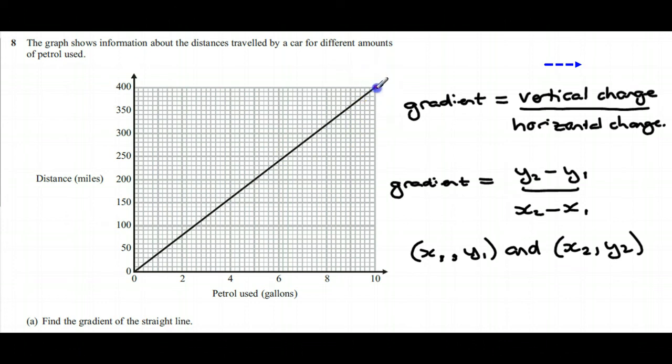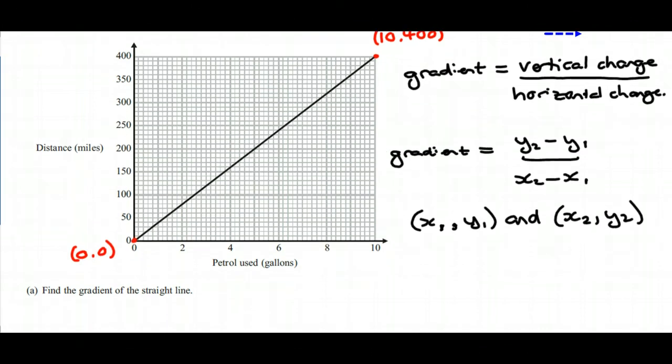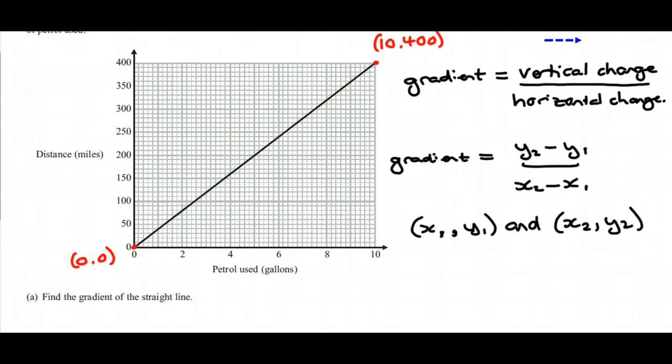I'm best served by finding 2 points that are as far away as we can get them. So we've got the point 10, 400, and we've got the point 0, 0. So what I need to do with those is find out the vertical difference between them, y2 minus y1 if you like.